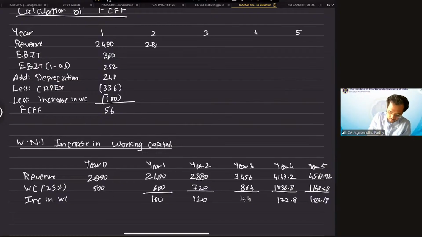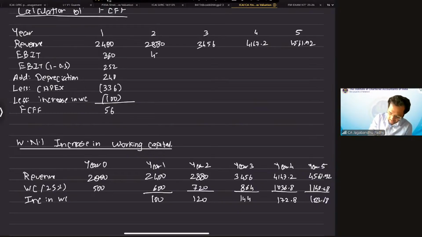So revenue is 2880, 3456, 4147.2, and 4561.92.